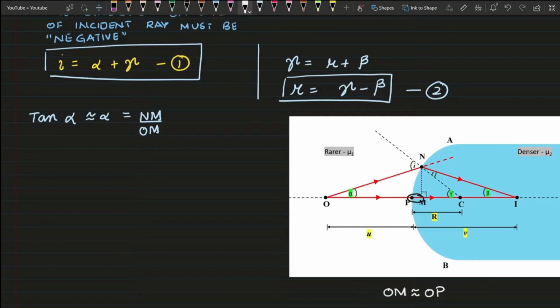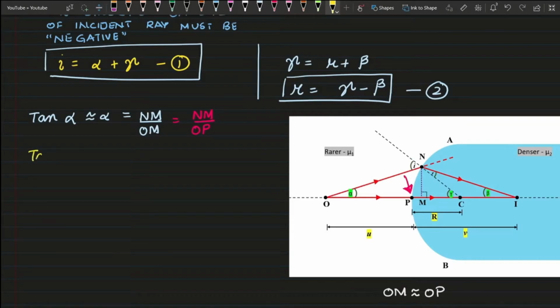And why am I doing this? Because I have to measure every distance from this point P. So every distance which we are going to measure is from this pole position. That's why I am removing this M. So NM will remain as it is, and in place of OM I will write OP. This same thing you have to do while finding angle beta and gamma also.